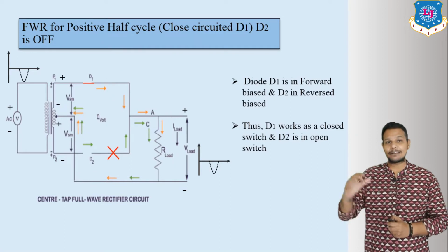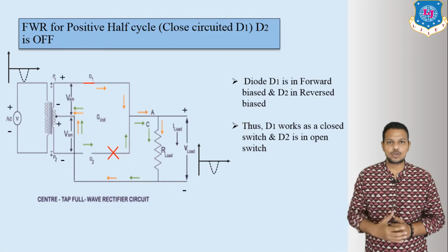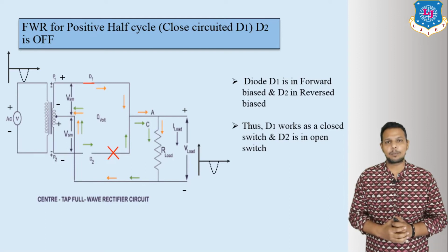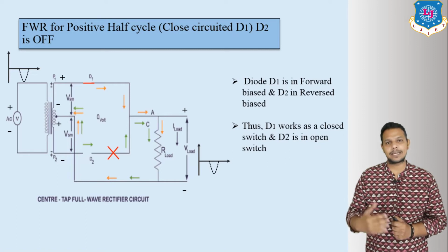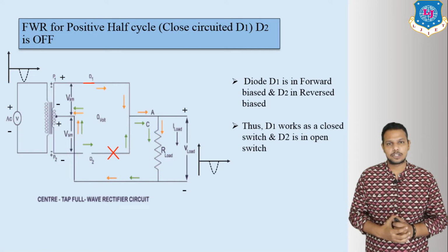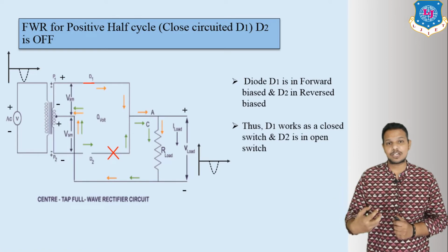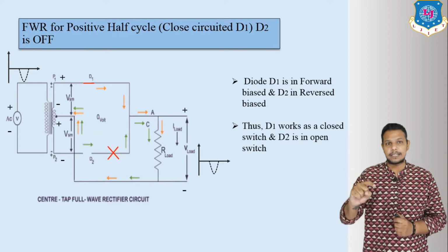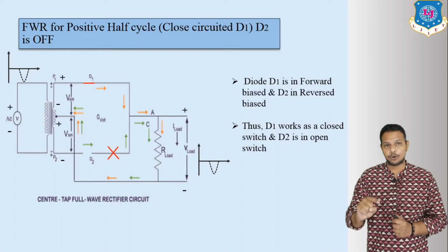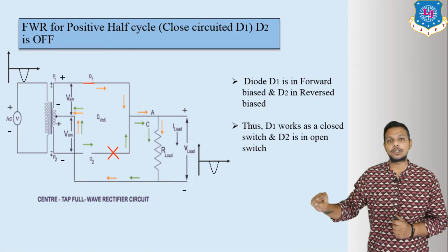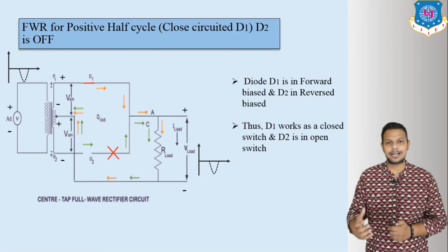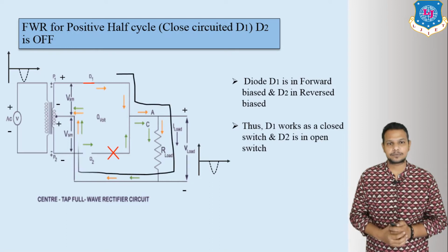So D1 is working as a closed circuit and D2 is open circuited, that means it is reverse biased. Why does it become reverse biased? Because the current flowing from positive to negative flows opposite to the D2 diode, so it works in reverse bias. The current direction is like this.